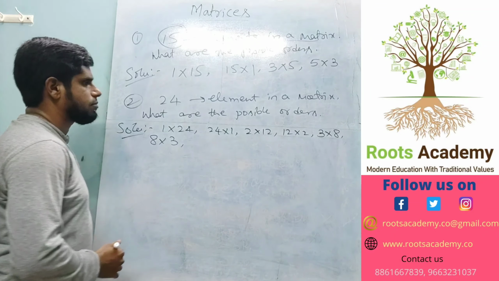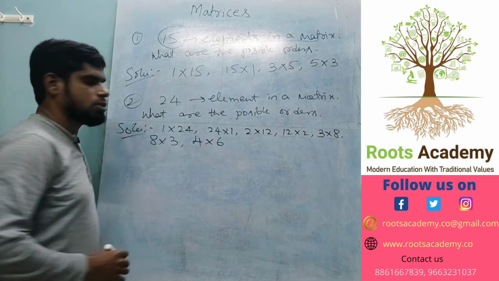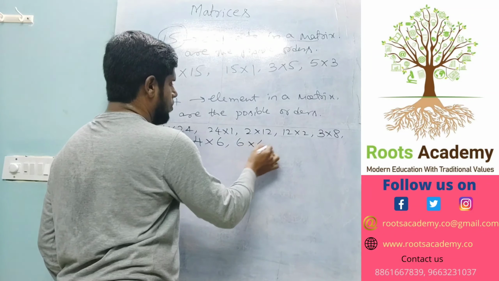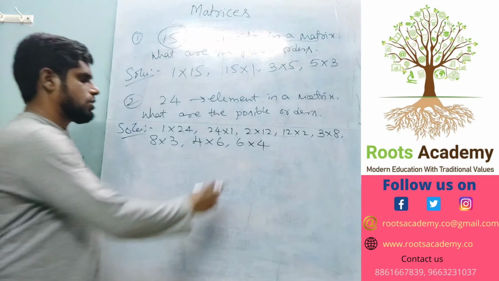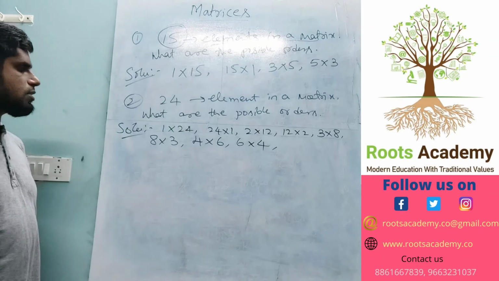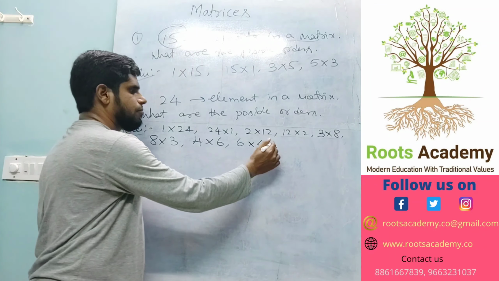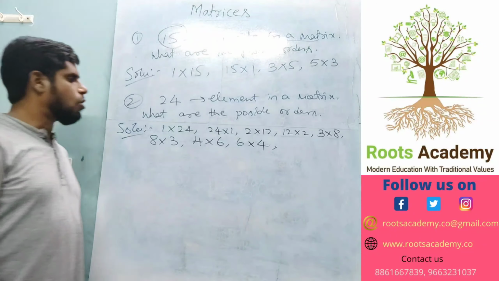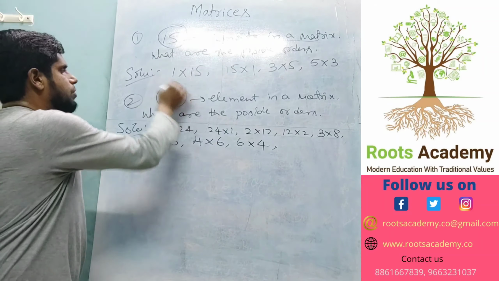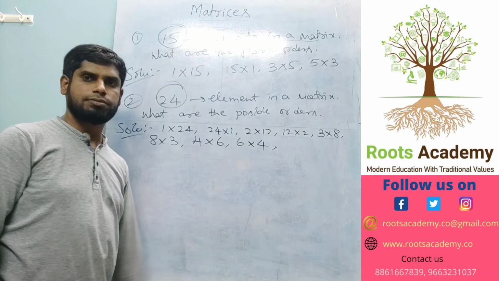The next 4 cross 6, 4 rows, 6 columns, or 6 cross 4, 6 rows, 4 columns. Yes student, these are the possible orders we can get if we have a matrix of 24 elements.